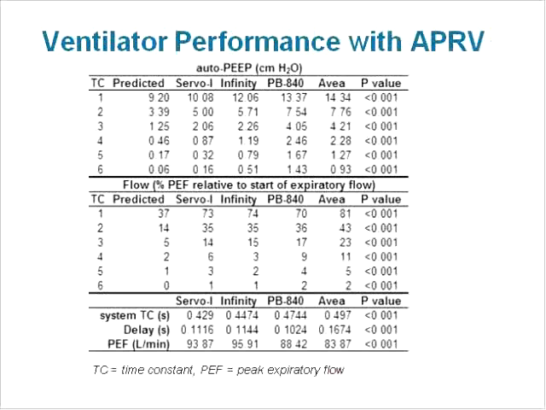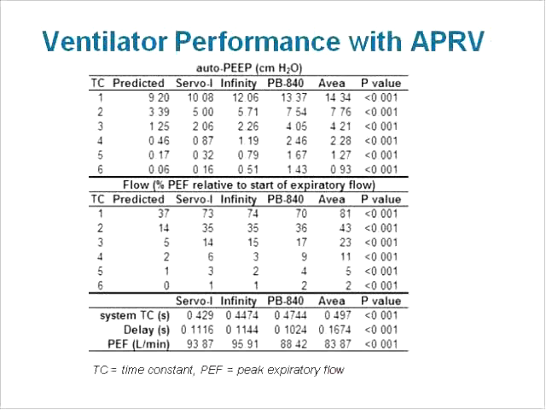Things get even more complicated when you consider that different ventilators perform differently when delivering APRV. This is another study from our lab, again using a passive model of ARDS. P-high was 25 centimeters of water, P-low was 0 centimeters of water. T-low settings were varied from 1 to 6 time constants, in other words, from 0.3 seconds to 1.8 seconds.